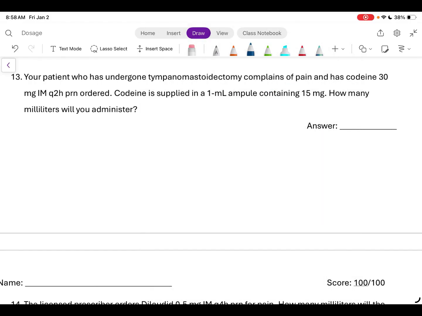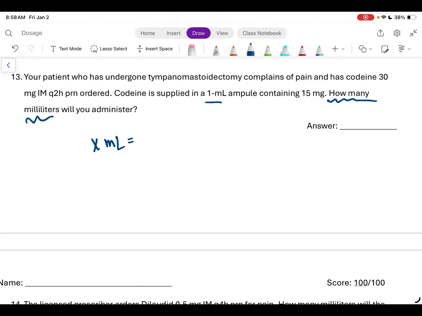Your patient has undergone a tympanomastoidectomy and complains of pain and has codeine, 30 milligrams ordered. Your codeine is supplied in a 1 milliliter ampule containing 15 milligrams. How many milliliters will you administer? So the question again is how many milliliters? So X mL.